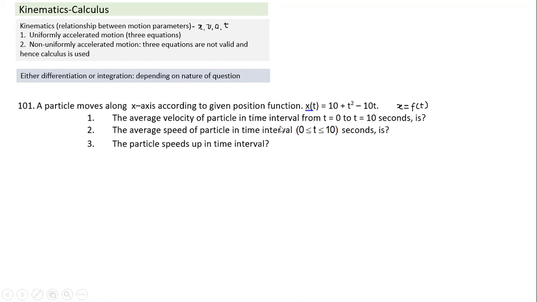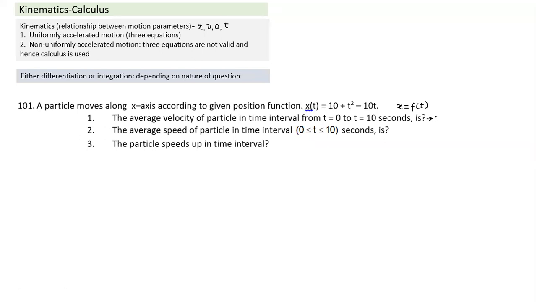What is average velocity? Okay, Jaideep, how would you calculate average velocity? Average velocity is given by total displacement divided by total time. So how would you calculate it here? How do you find total displacement here?